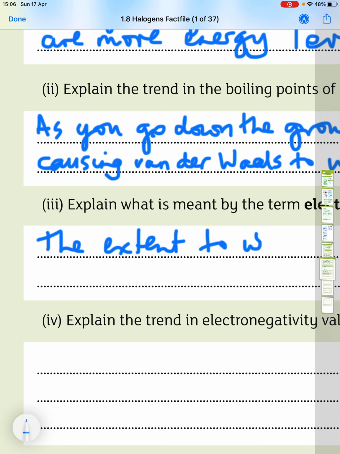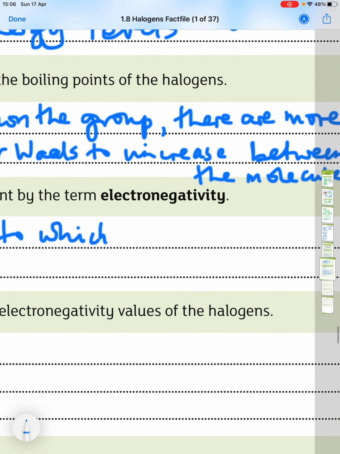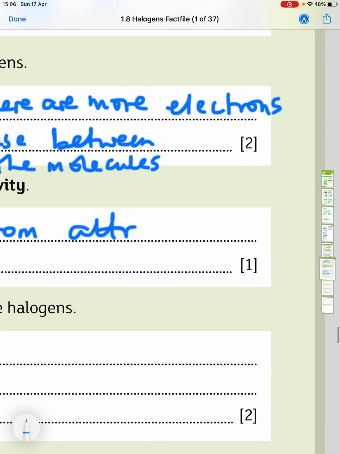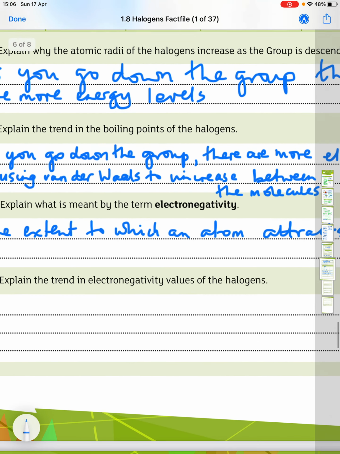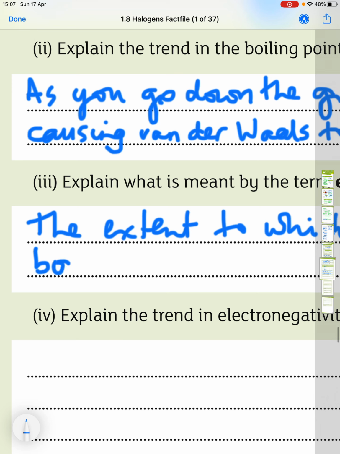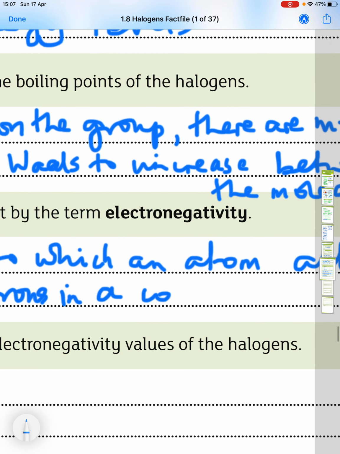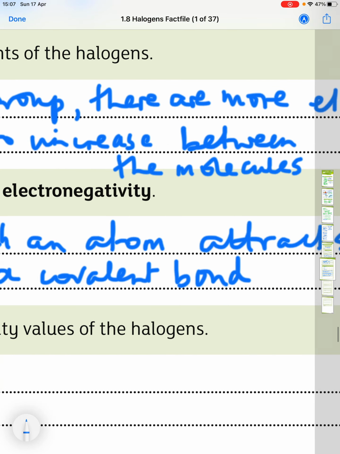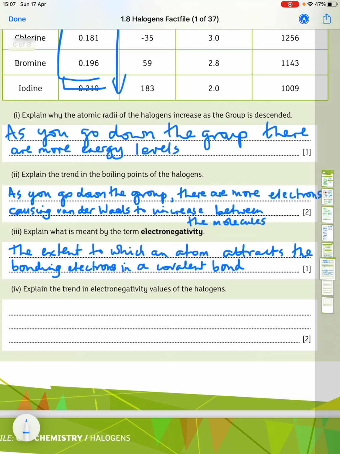It is the extent to which an atom attracts the bonding electrons in a covalent bond. So the extent to which an atom attracts the bonding electrons in a covalent bond.